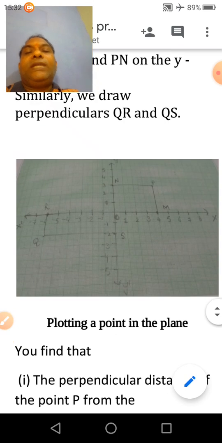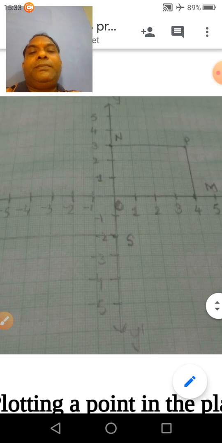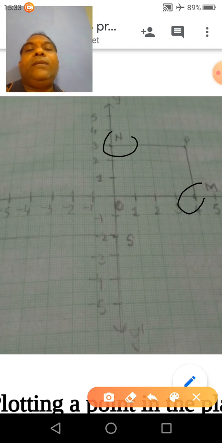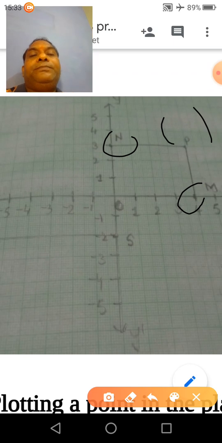Now see this graph. In this graph, its x coordinate is 4 units and y coordinate is 3 units. So coordinate of point P will be (4, 3). Clear?